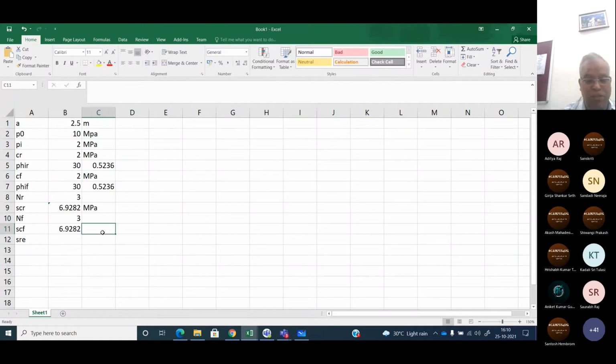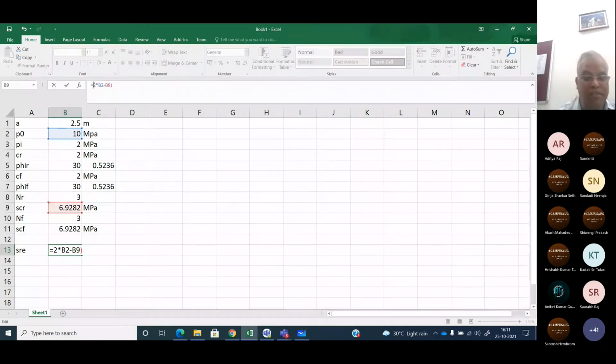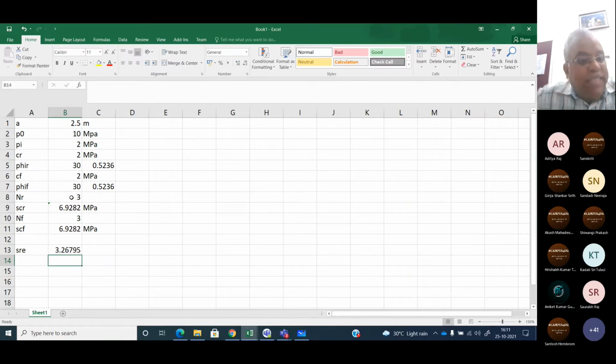Right now it will be the same because all the values are the same. Then I will calculate sigma Re. Now it will be easy. 2 into P naught minus sigma CR, this enter in this bracket, divided by 1 plus NR. So it says about 3.26 MPa.